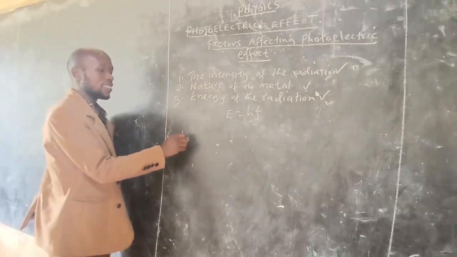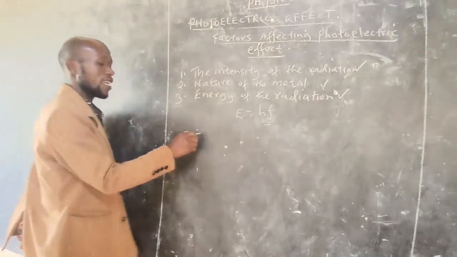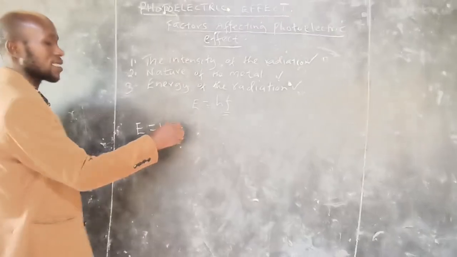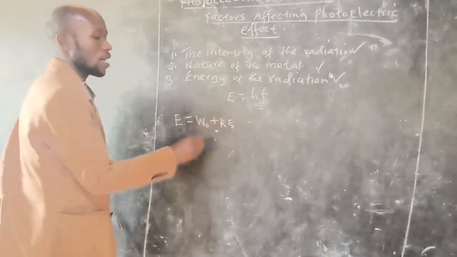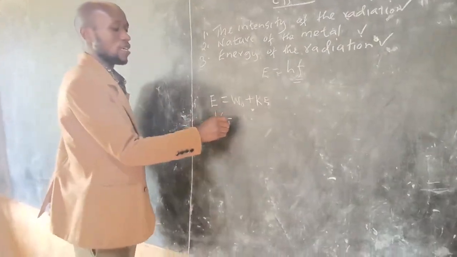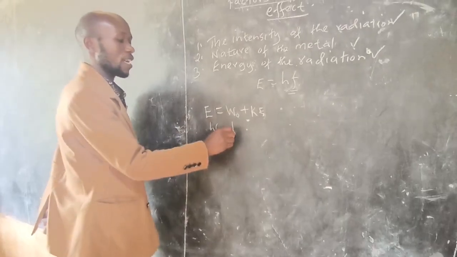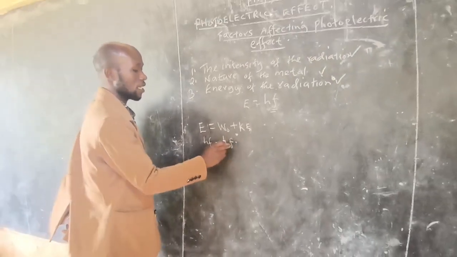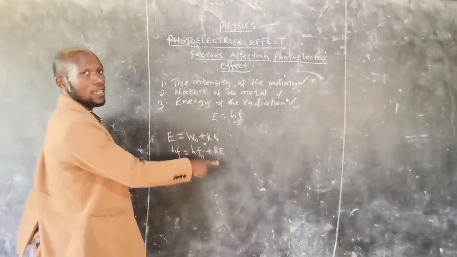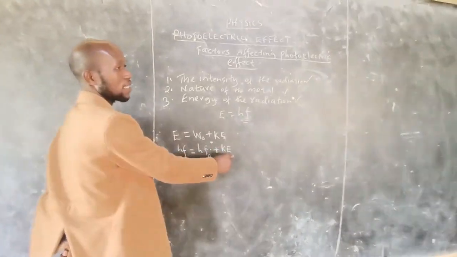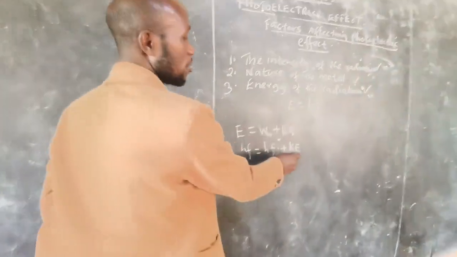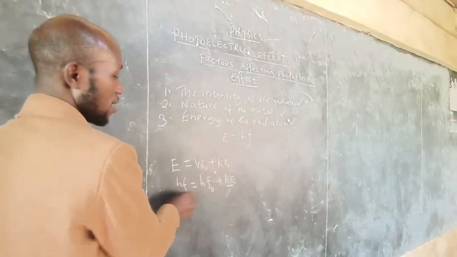Einstein's equation is given by: the energy of a photon, hf, is equal to the work function, hf naught, plus the kinetic energy, which is given as half the mass of the electron times the velocity of that electron squared.